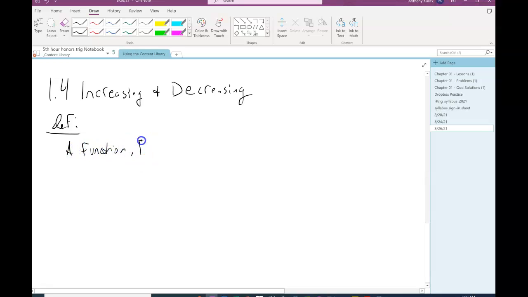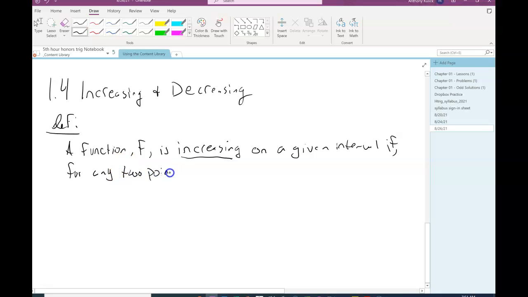So we say that a function f is increasing on a given interval if for any 2 points on that interval a positive change in x results in a positive change in f of x.